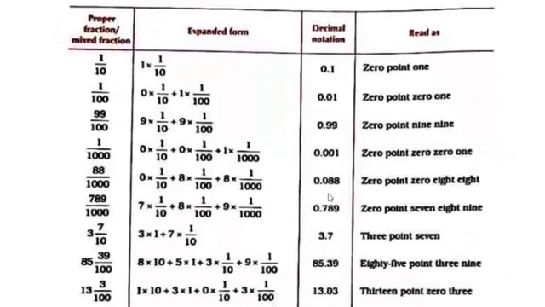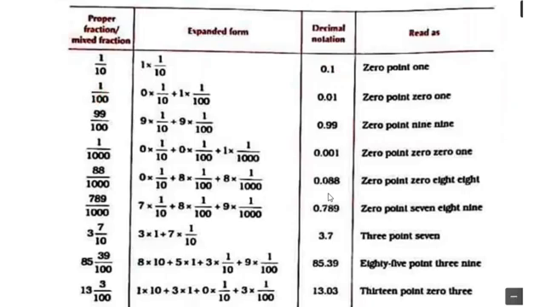Now children, have a look. 1 upon 10 is a fraction. The expanded form is 1 into 1 upon 10. And how to write it in decimal? 0.1. Right? Similarly, next is 1 upon 100.